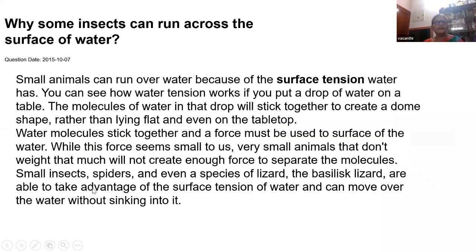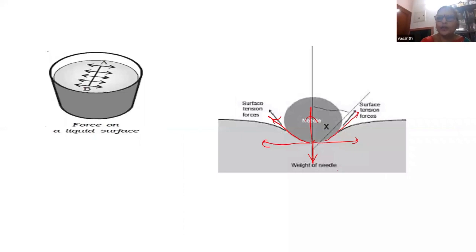Water molecules stick together. The molecules are held by cohesive force, so they are all sticking. Unless a very large force is applied, unless the insect is very heavy, the stickiness or the surface tension forces will not be altered.